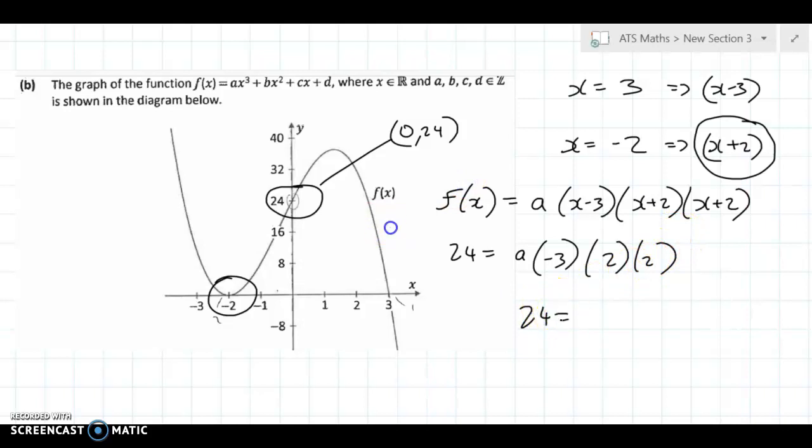So 24 equals, 2 2s are 4, and that gives minus 12, so minus 12 times a. So 24 divided by minus 12 gives us a. A equals minus 2.